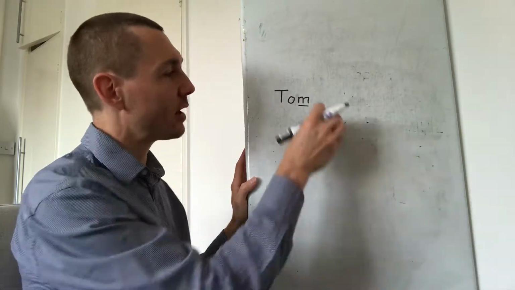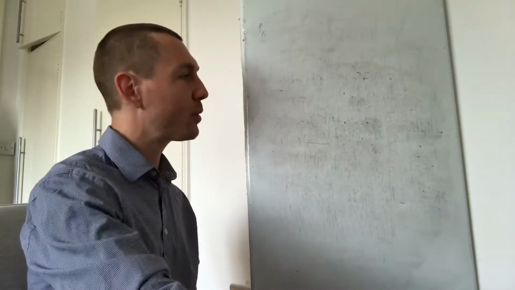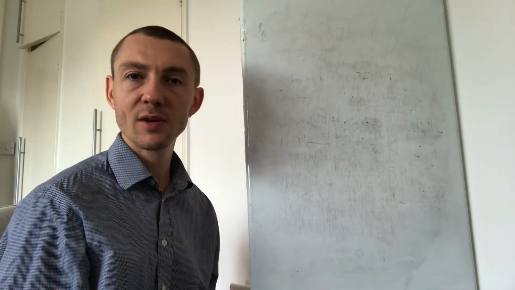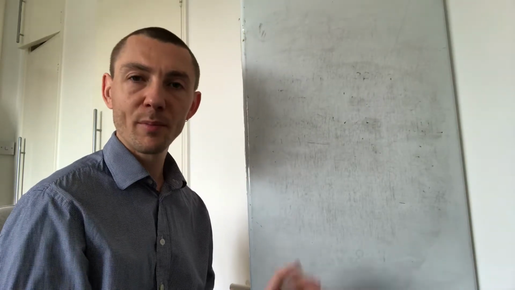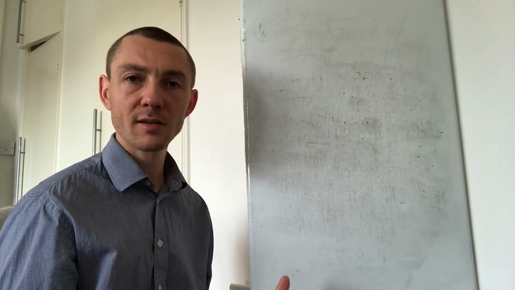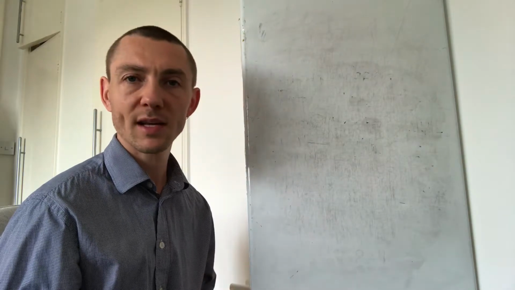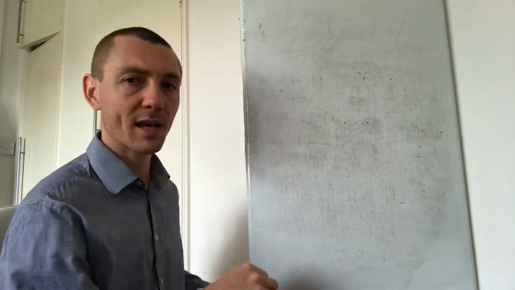Pause the video, take as much time as you need to use your phonics to read all of the words, and as soon as you're ready, start to write those words in your list with the sound, and then we'll come back together and check.